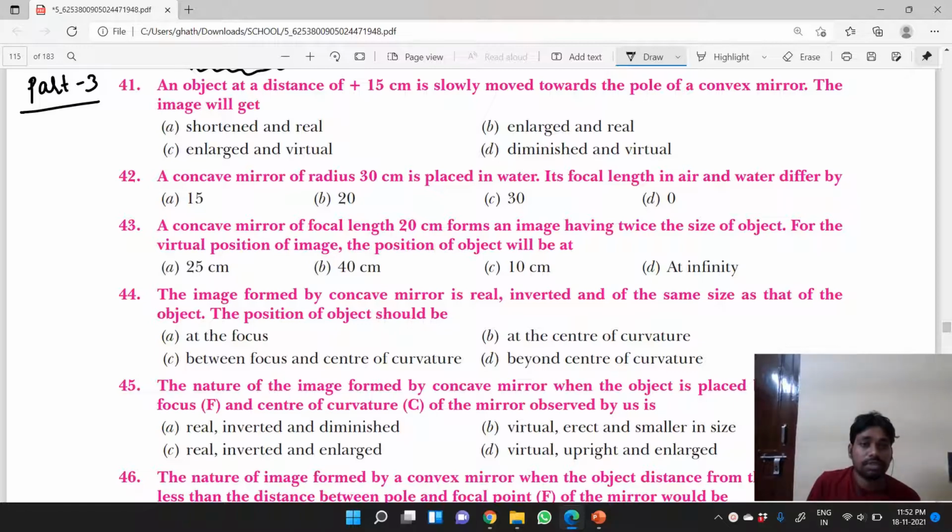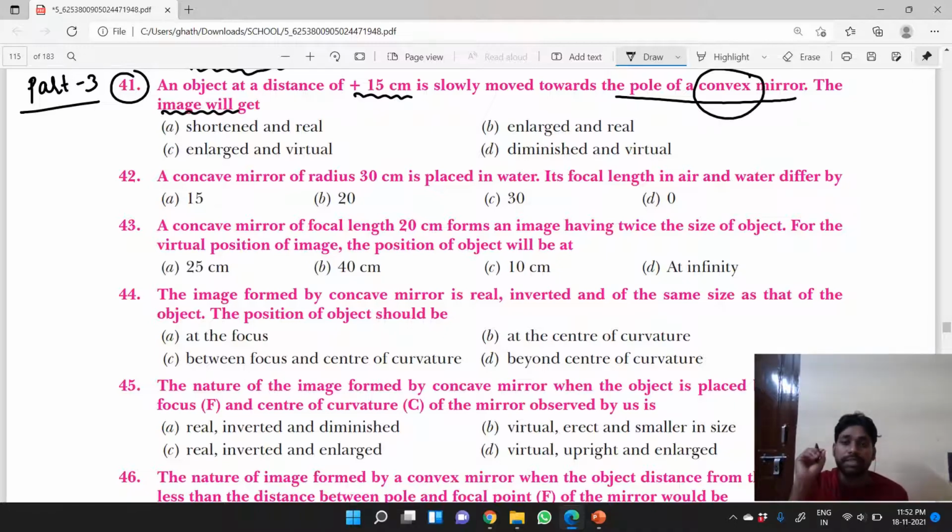See question number 41. An object at a distance of 15 centimeters slowly moves towards the pole of a convex mirror. The image will be. See, the mirror is a convex mirror. This mirror always forms a virtual, diminished image for any position of the object.